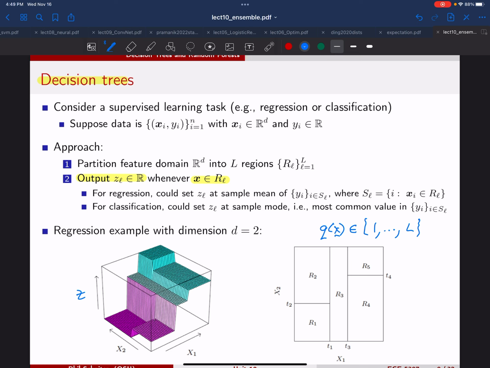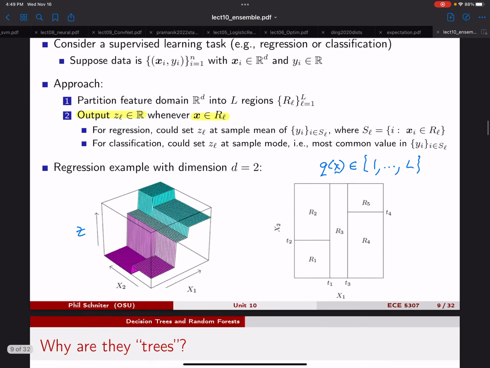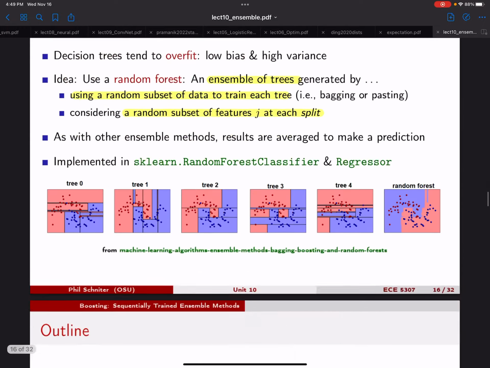So in this case, a number between 1 and 5. Once you know that, we will just look up in a table. We have an output for each of these, Z1, Z2, Z3, Z4, Z5. Okay, so that's how we're thinking about things. Let's go back to the page we were on.